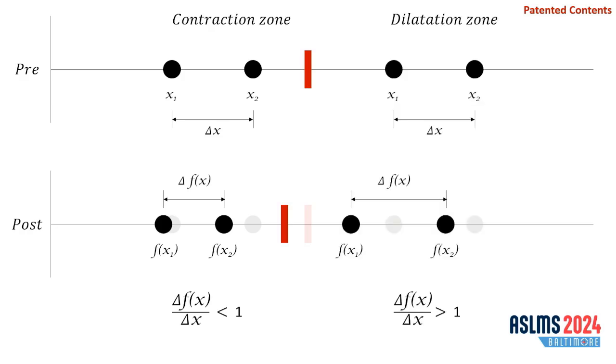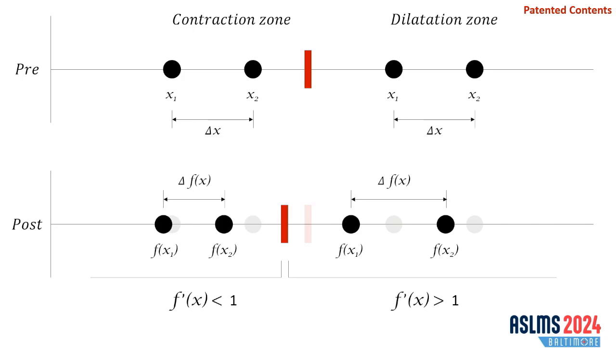And if they're out of the radius, then the ratio would be greater than 1. That becomes the definition of dilatation. So if the gap between them becomes very small, infinitesimal, then the ratio becomes the derivative of f(x). And since the graph would be continuous, the slope of f(x) at the radius becomes 1.